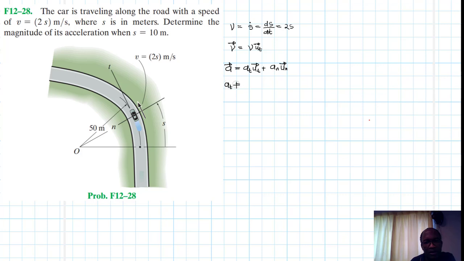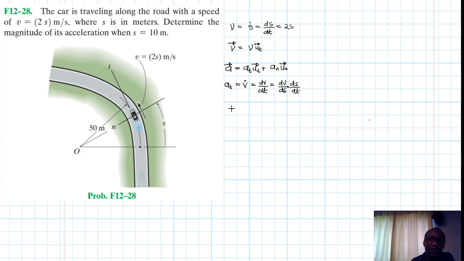And this a_t is going to be equal to v dot, and v dot is just dv/dt. But our v is expressed in terms of 2s, so we need to use the chain rule. So this is going to be equal to dv/ds times ds/dt.